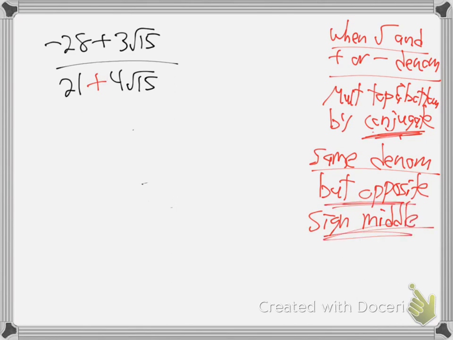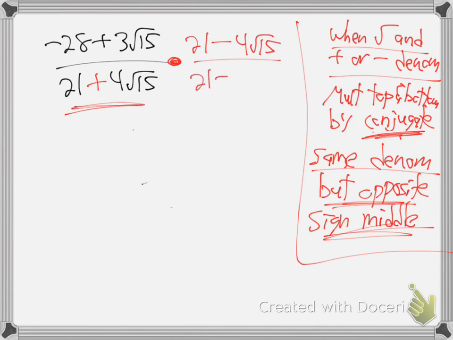So when you have plus or minus and a square root in the denominator, you've got to multiply top and bottom by the conjugate, which means exactly the denominator, but with the opposite sign in the middle. So I'm going to go times 21 minus 4 root 15 over 21 minus 4 root 15. That's what you've got to multiply top and bottom by. That is actually what it takes to get rid of the root, that whole special thing. You good?